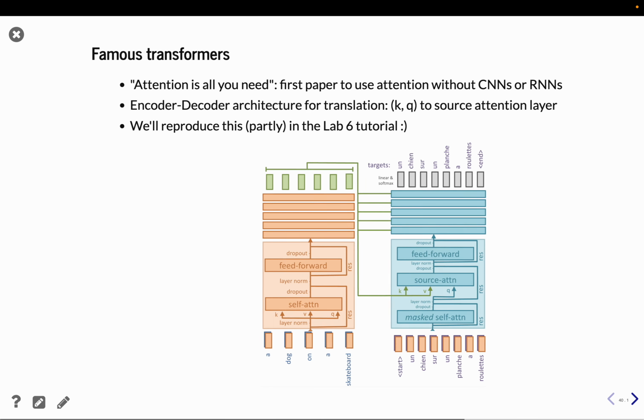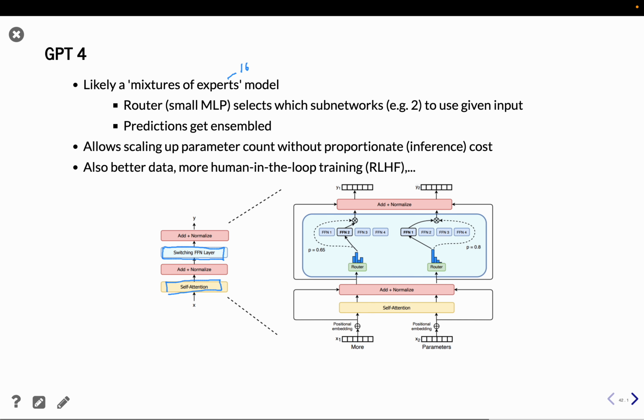It's not one fully connected network, but a series of, for instance, 16 of these experts. And here I show only 2 of them. Every expert is trained to be an expert in some part of the input tokens. And there's a router, a very small model that looks at a token and then decides which of the experts should actually look at that token.